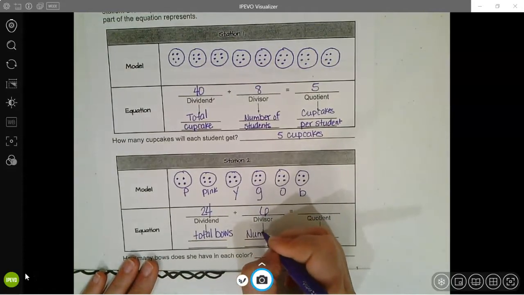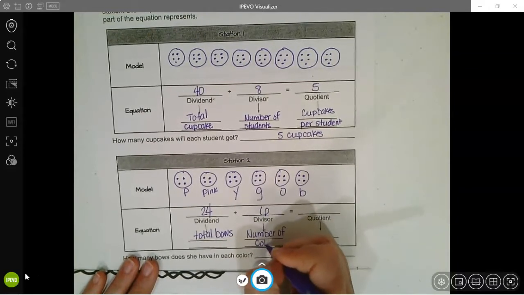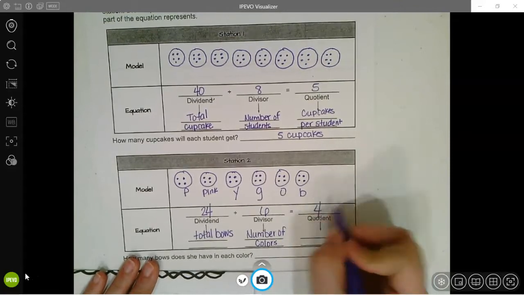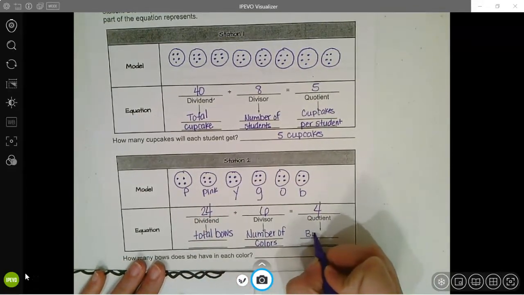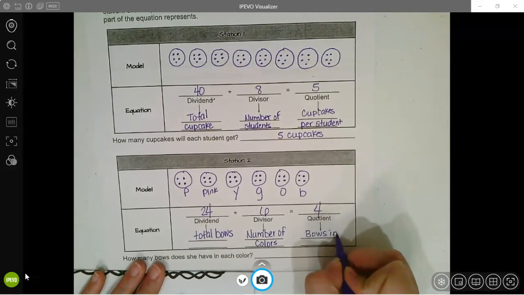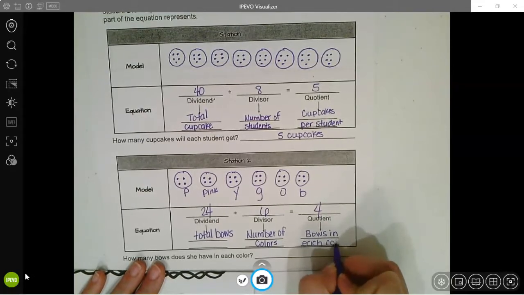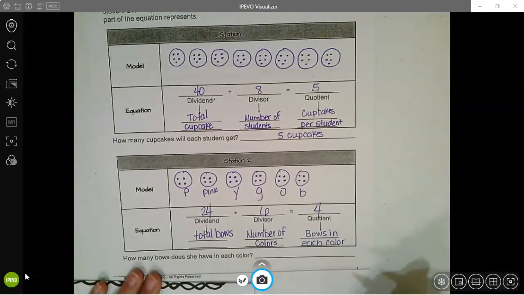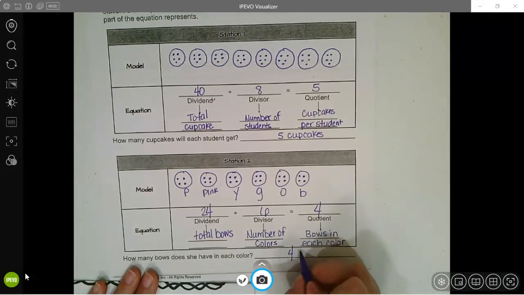So that was the number of colors. And my quotient was 4 because there's 4 in each group. And that was bows in each color. So how many bows does she have in each color? She has 4 bows.